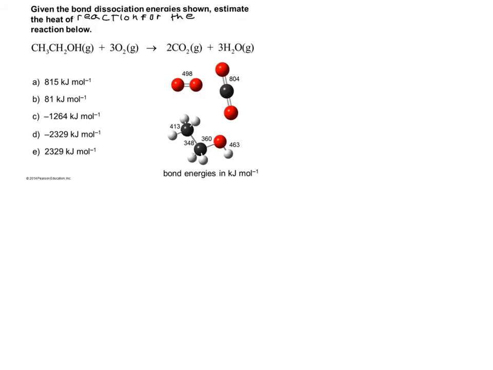Given the bond dissociation energies shown, estimate the heat of reaction for the reaction below. We're going to be using our standard formula: the change in enthalpy for the reaction is going to be very close to the sum of the dissociation energy of the reactants minus the sum of the dissociation energies of the products.